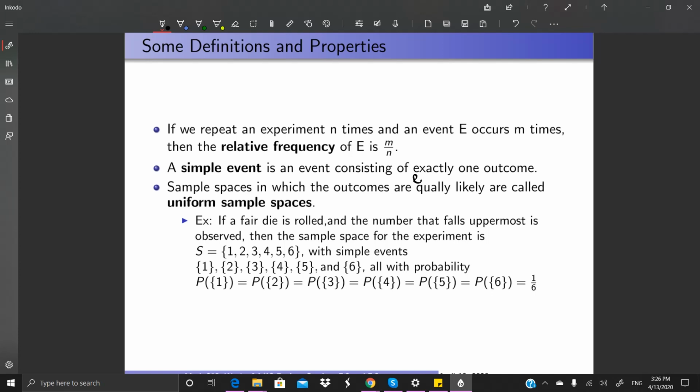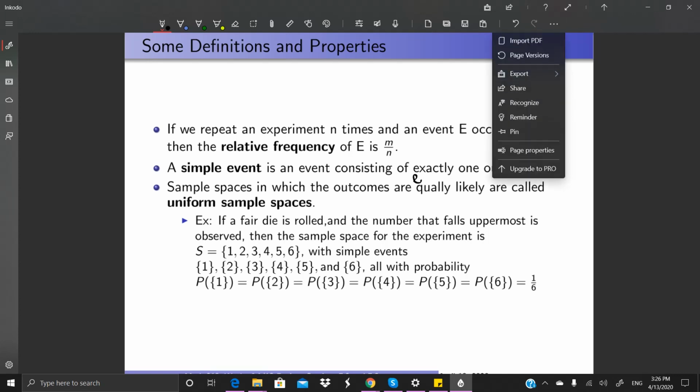And for all of these subsets, the probability is 1 over 6. The probability for each outcome is the same, so we have a uniform sample space over here. Okay, let's go to the next page.